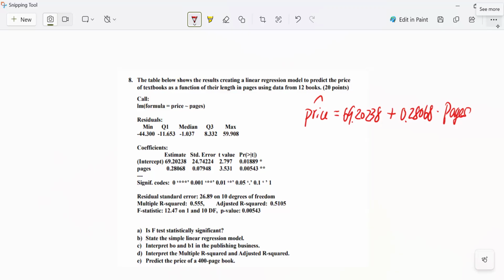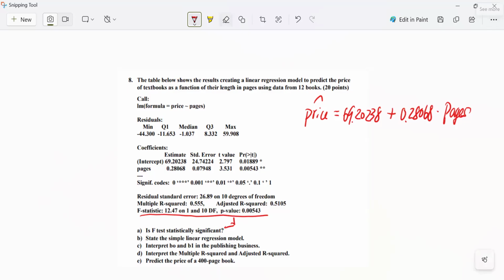Then we look at the overall F-test first. It looks like the p-value is very small. It's beating 2 stars, 0.01. It's not beating 3 stars, but it's still pretty significant.